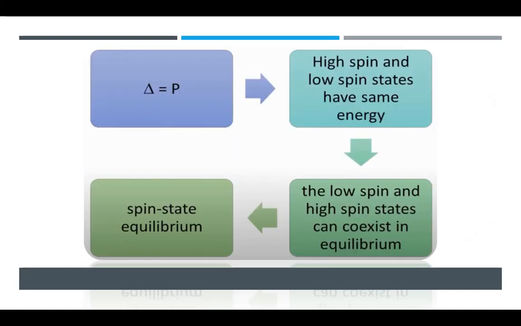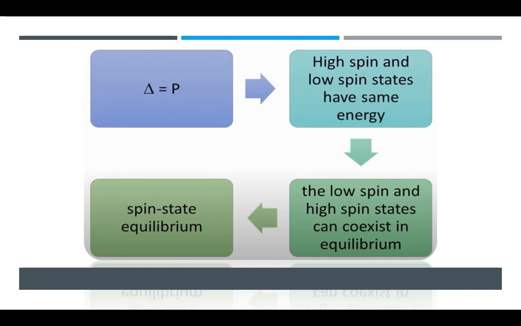As we already know, metal ions with any of the d4, d5, d6, and d7 configurations exhibit two possible electron configurations, that is, high spin and low spin state, in the octahedral ligand field.